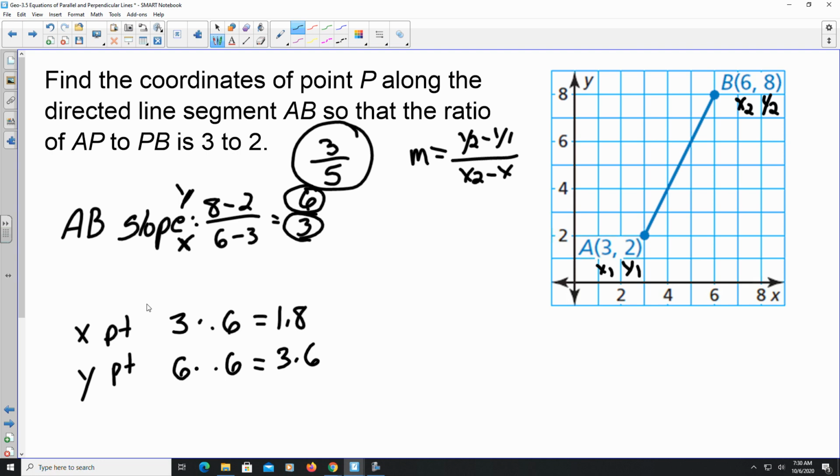So now I am going to pick this point here to help us find it. I know it's going to be larger in value than 3 comma 2 because it goes upwards, so I know I'm going to be adding values to it.